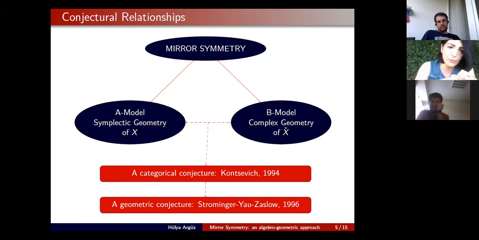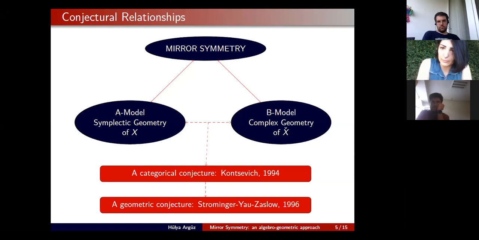He proposed that if you have on the A model a symplectic manifold, and if you look at the Fukaya category of X, which is generated by Lagrangian submanifolds, then on the B model, there is on the mirror the bounded derived category of coherent sheaves, and Kontsevich proposed that these two categories should be equivalent. And this is well known as the homological mirror symmetry conjecture.